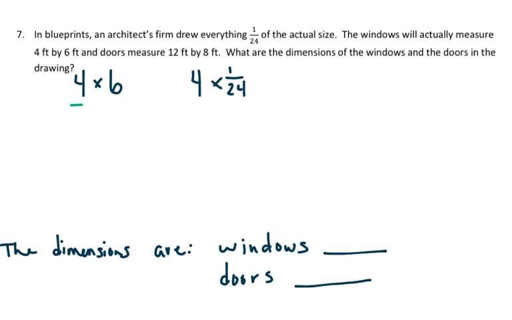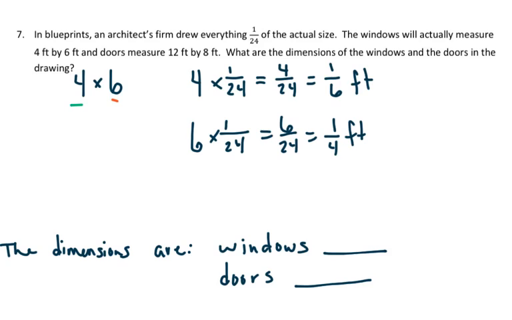And I'm going to take the 6 here, and multiply 6 times 1/24th. Okay, and that will give us our new dimensions. And 4 times 1/24th is 4/24ths, which is also equal to 1/6 of a foot. And 6 times 1/24th is 6/24ths, which is equal to 1/4 of a foot.